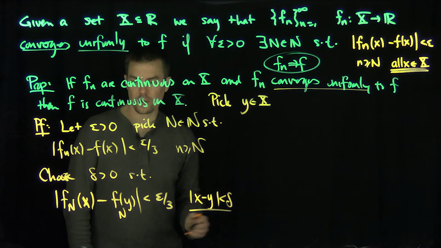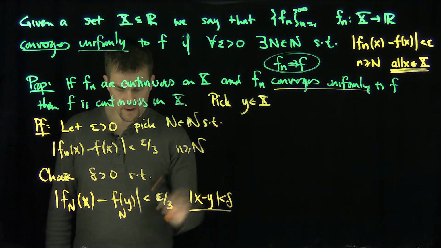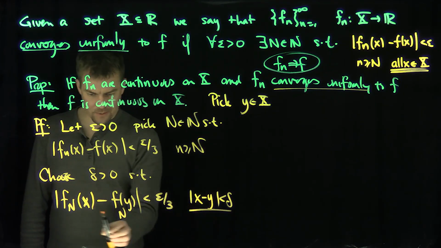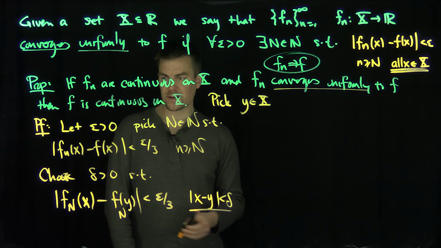Since we're continuous at this point y, for any x in a delta neighborhood of y, I have this estimate over here.